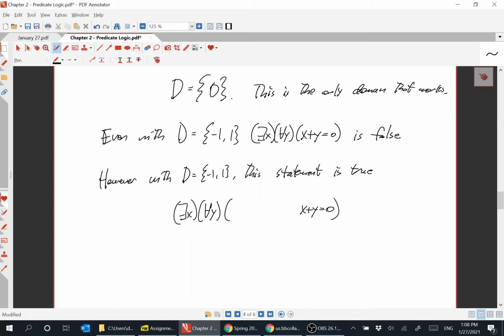There exists an x such that for every y, something something, and x plus y equals 0. What can I do to fix it? Could you set a parameter for where y is?